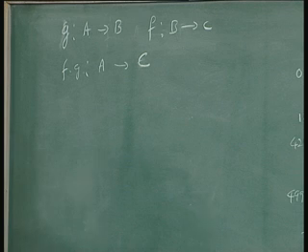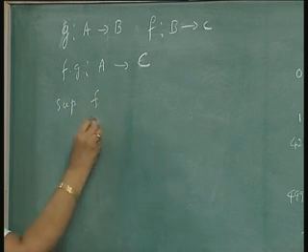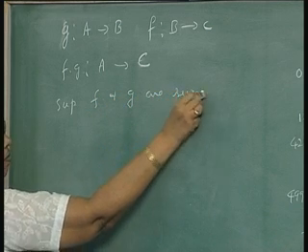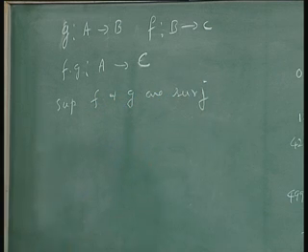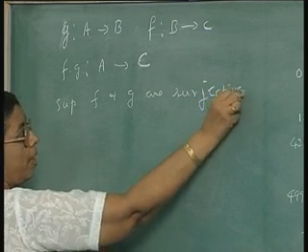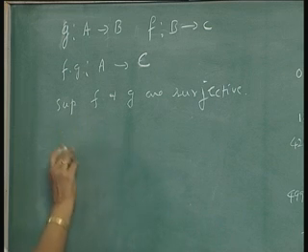How can you prove that? Suppose f and g are surjective; that means we want to show that fg is surjective.